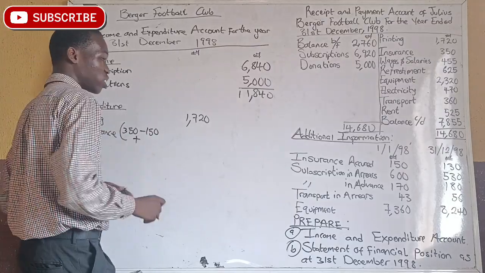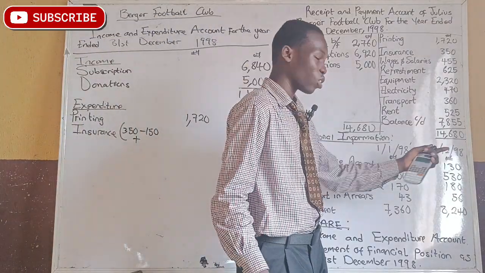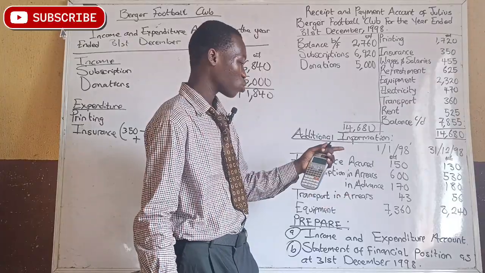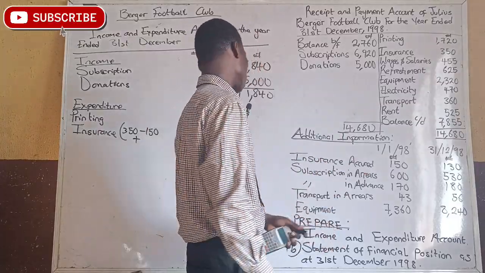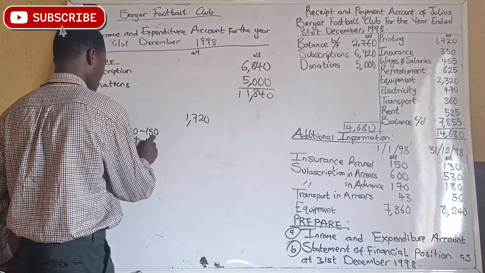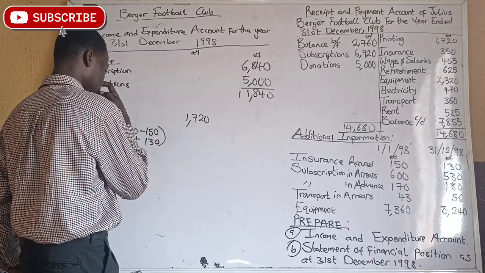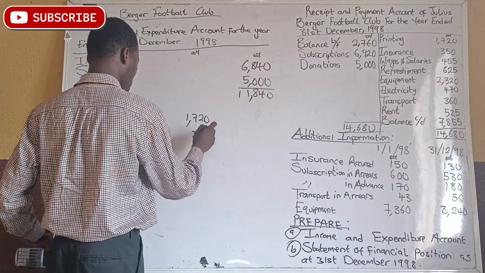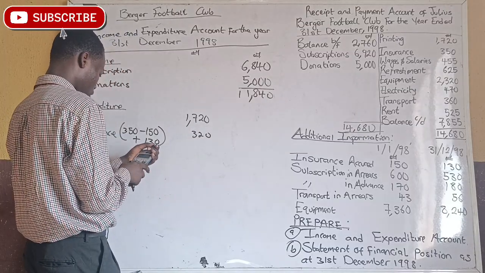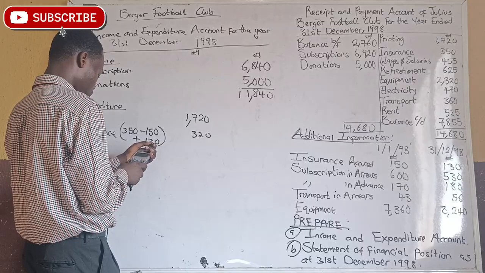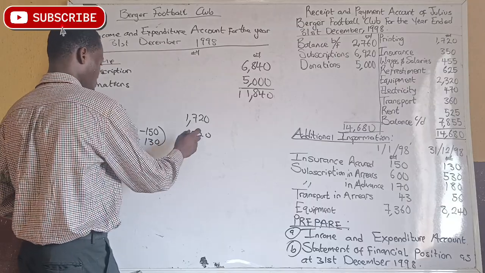And for the other one, which is 130 at the end of this year, the amount was owed during this year, so you add it to the cash, which is 130. When you compute this, 350 minus 150 plus 130, it gives us 330.